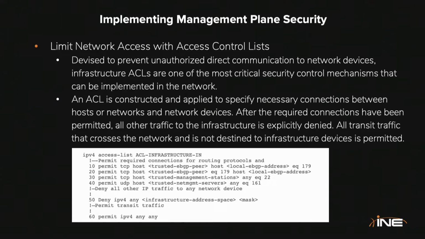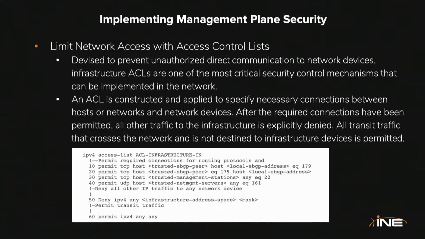If you look at this example, I am permitting routing protocols, BGP requests and replies, maybe SSH, and network management servers, and denying all other access to my device, and permitting all other traffic, which means I have to explicitly permit transit traffic.